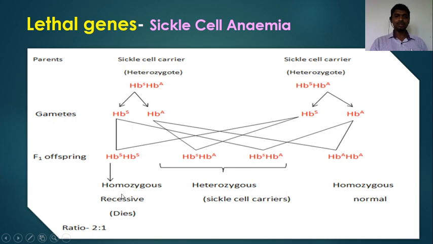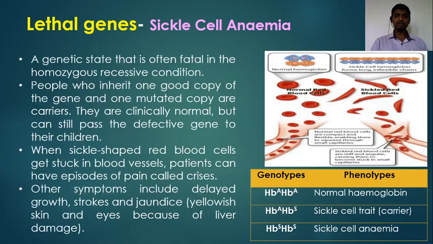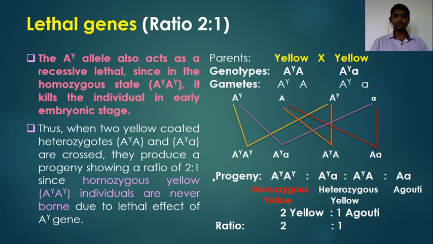Like the coat color in mice, if you remember, the yellow coat colored mice which are homozygous die in the early embryonic stage. These individuals are not able to survive.